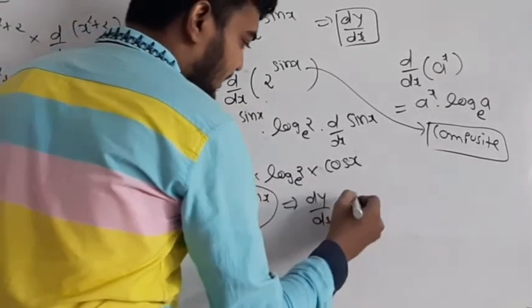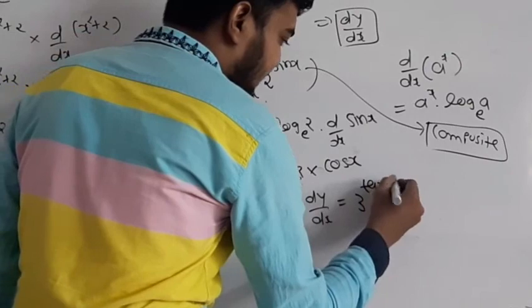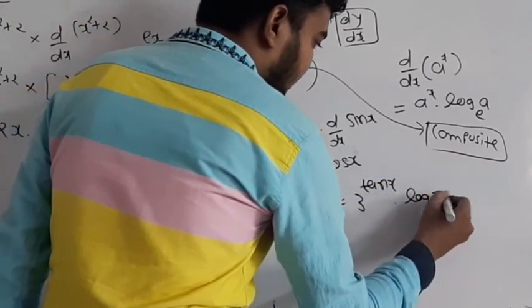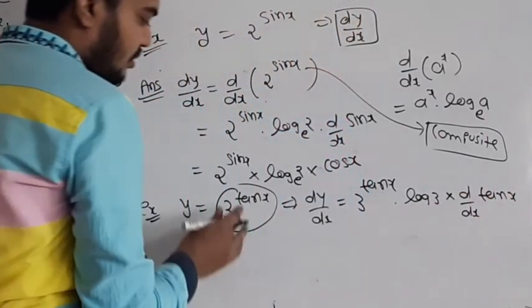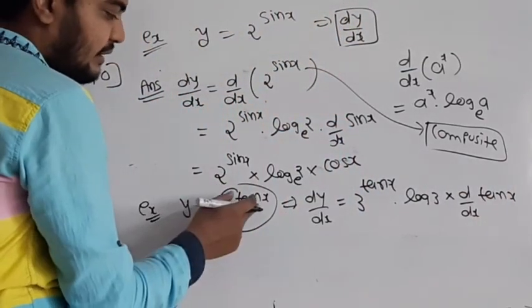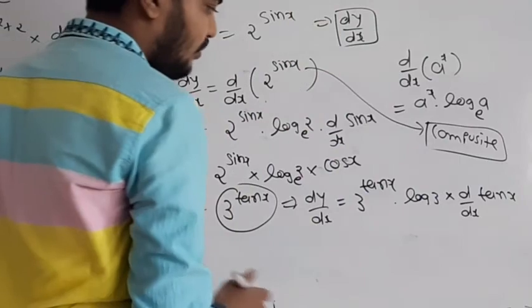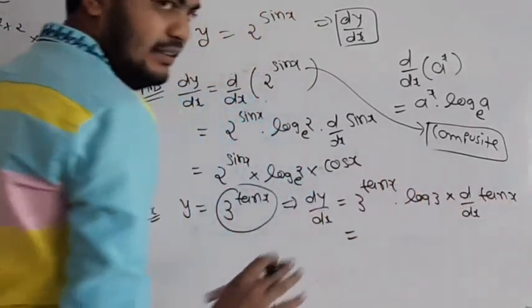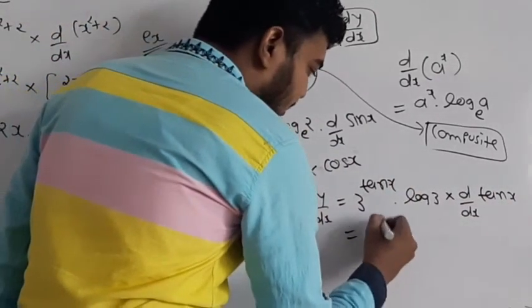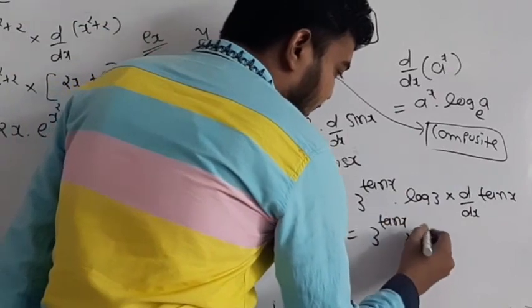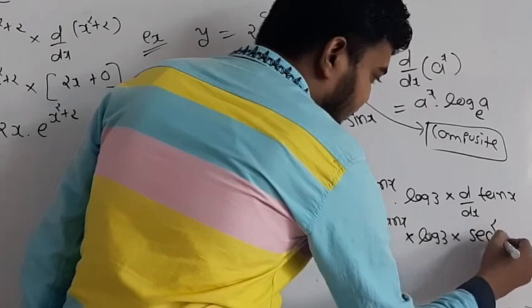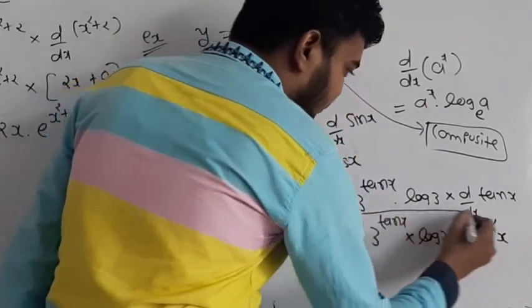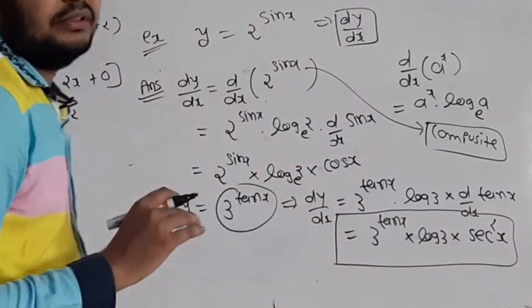So dy by dx is equal to 3 raised to 10x as it is into log 3, but d by dx of 10x remains, because it is not 3 raised to x, it is 10x in the place of x. So the derivative of 10x remains. So the final answer is 3 raised to 10x into log 3 into d by dx of 10x, which is 10. So that is the derivative of 3 raised to 10x.